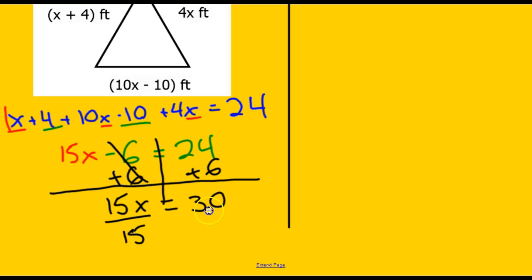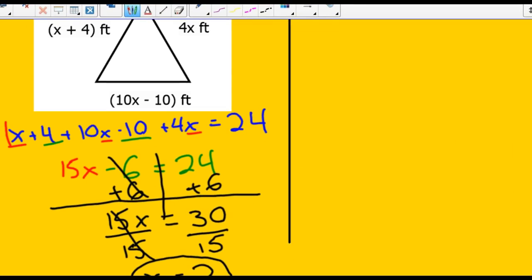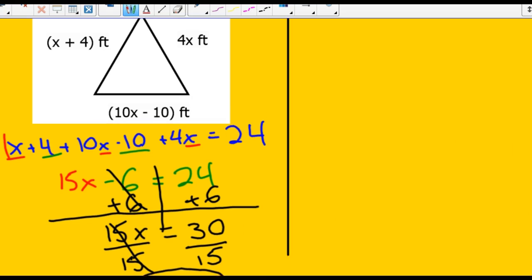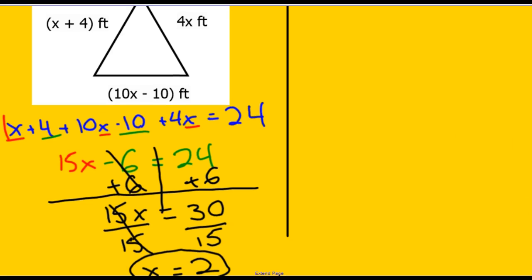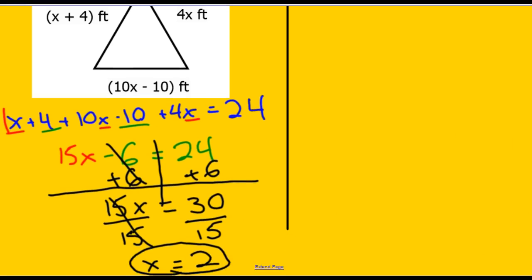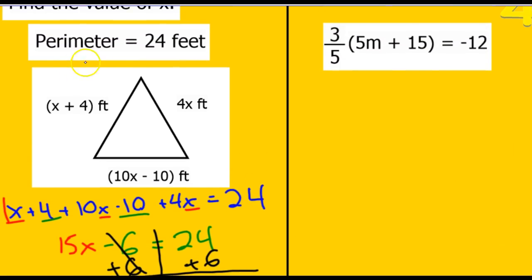Divide by 15. x equals 30 divided by 15, which is 2. So if we wanted to, we could put in 2 for all of our x's up there, and we would end up with a perimeter of 24 feet.